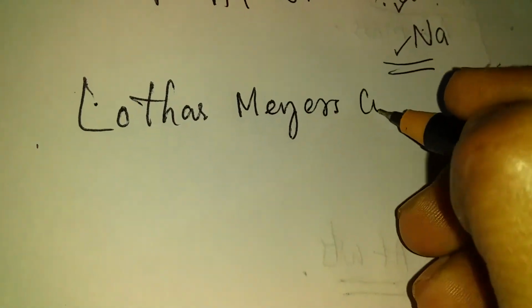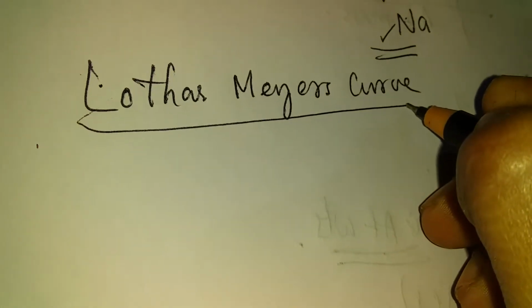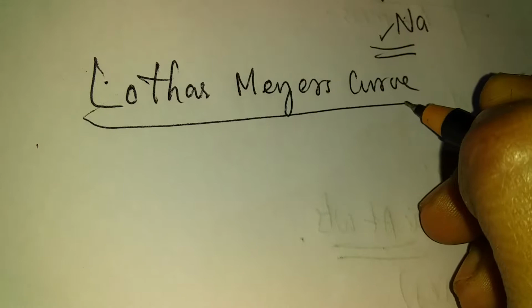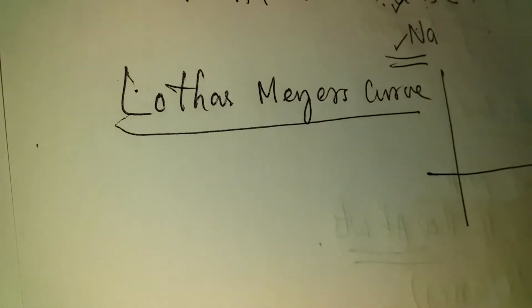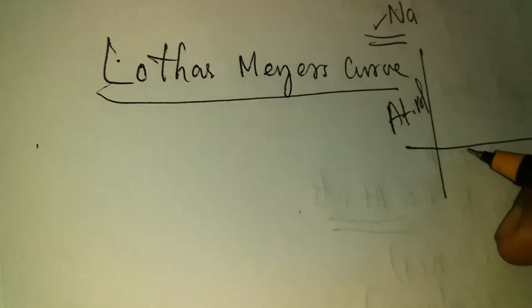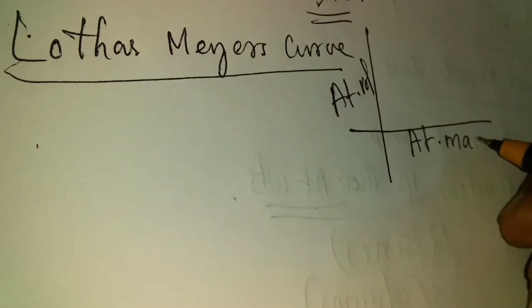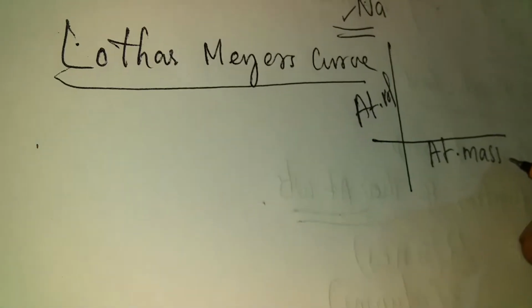Now the next topic is Lothar Meyer's curve. Lothar Meyer presented the classification in the form of a curve. That curve is drawn between atomic volume and atomic mass, and said the properties of elements were periodic functions of their atomic volumes.